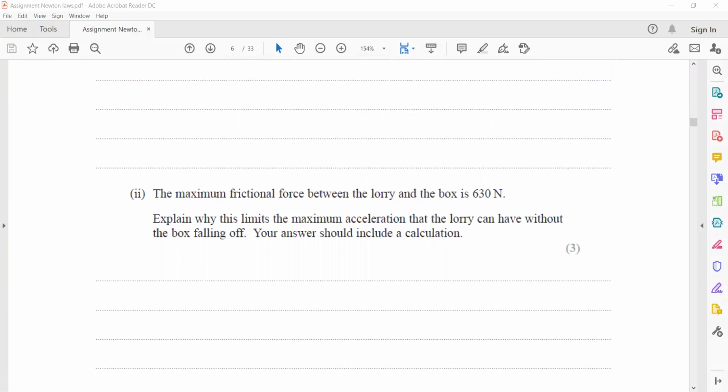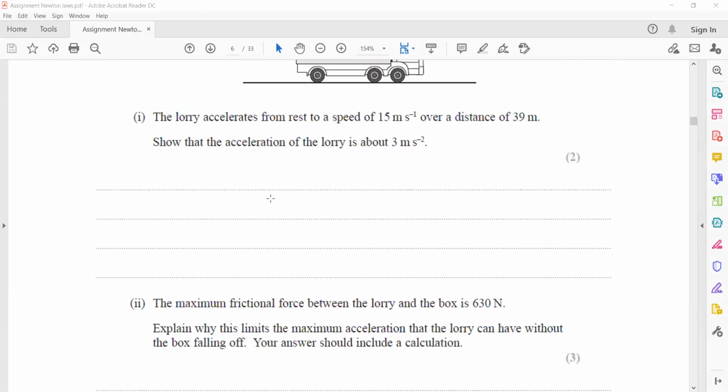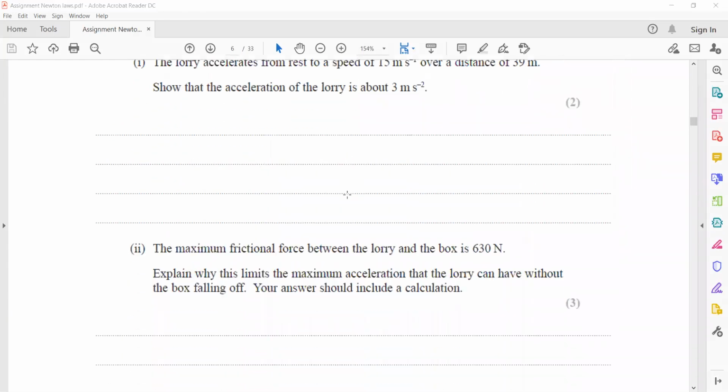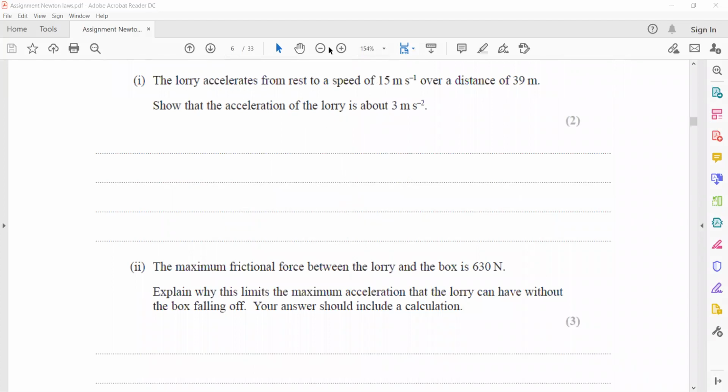So if we calculate the acceleration for this part, the maximum frictional force is 630 newtons. And we already calculated the acceleration, which is about 3.